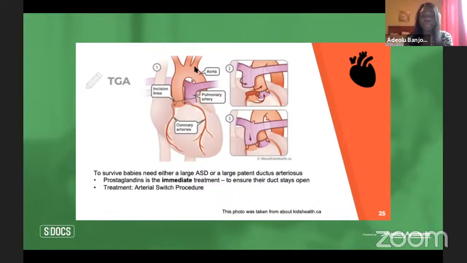Your eventual treatment would be something called an arterial switch procedure, an operation that would occur within the first couple days of life, where, as you can see from photos 2 and 3, you essentially cut off the bottom of the pulmonary trunk and the aorta, and you switch them with each other.